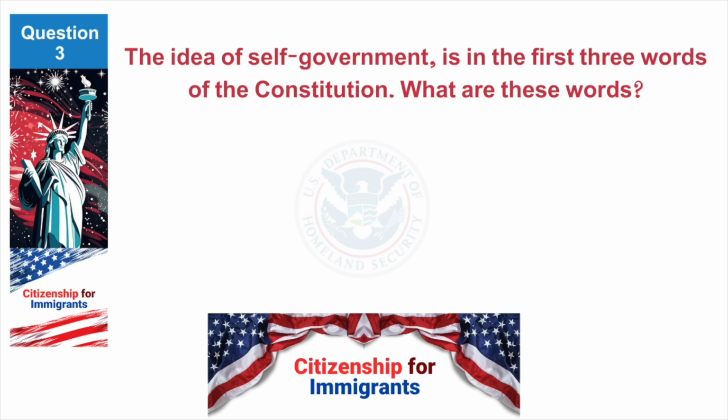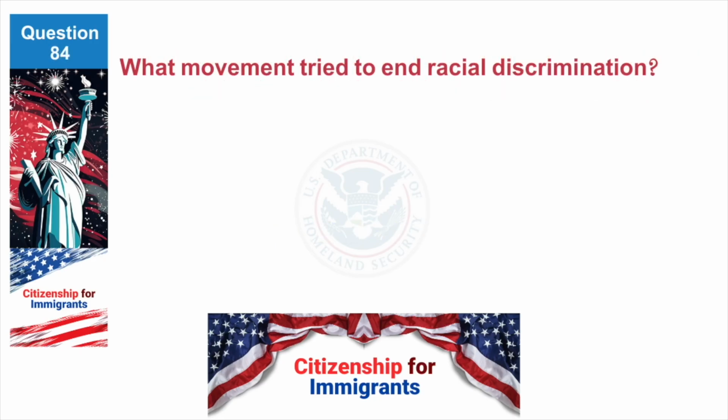The idea of self-government is in the first 3 words of the Constitution. What are these words? We the people. What movement tried to end racial discrimination? Civil rights movement.